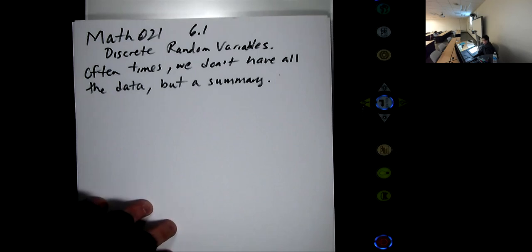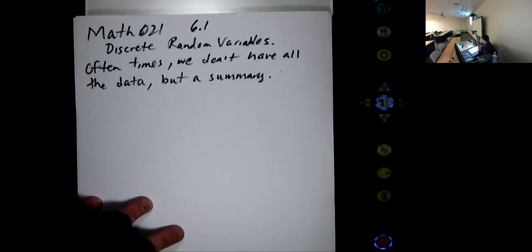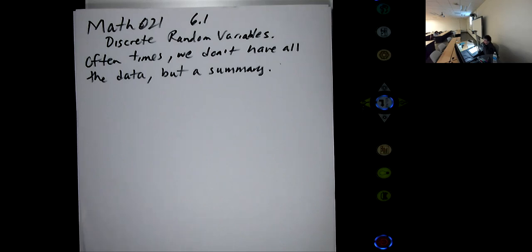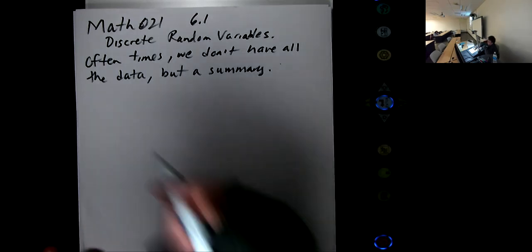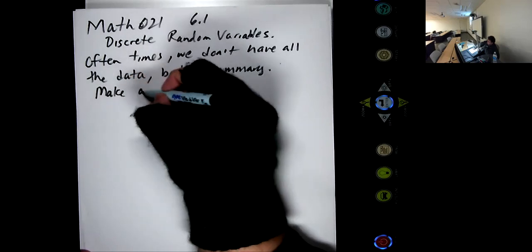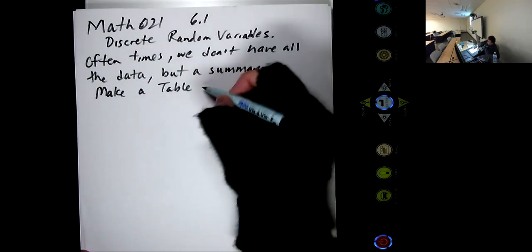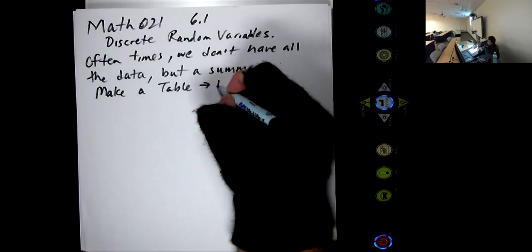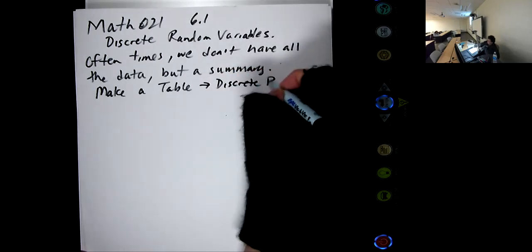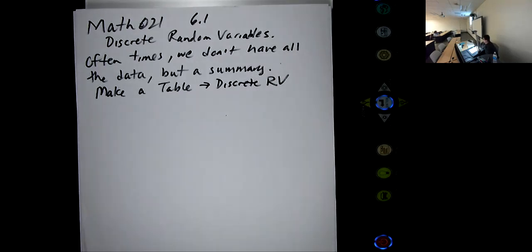Normally, we could figure out the mean pretty quickly. And when we have that, we can make a table and do discrete random variables. So let's talk about what discrete random variables are. I'm going to abbreviate random variables as RV.